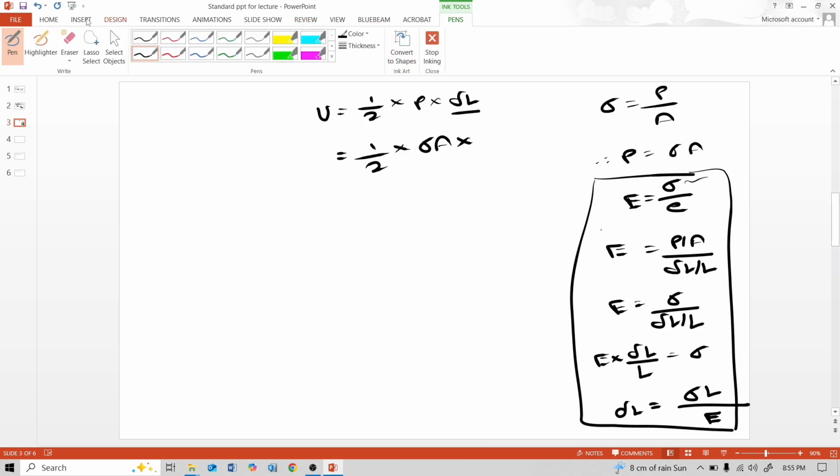This delta L is stress multiplied by length of that member upon modulus of elasticity. Therefore strain energy stored is equal to sigma square upon 2E into A L, area into length.